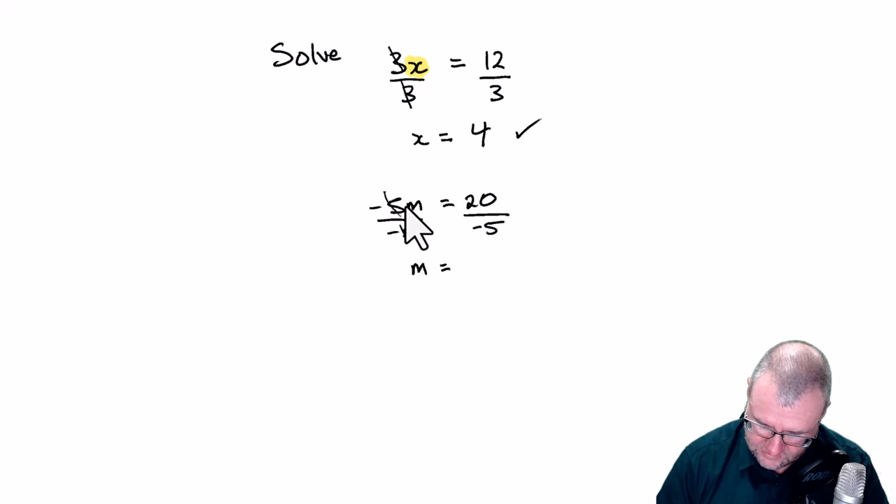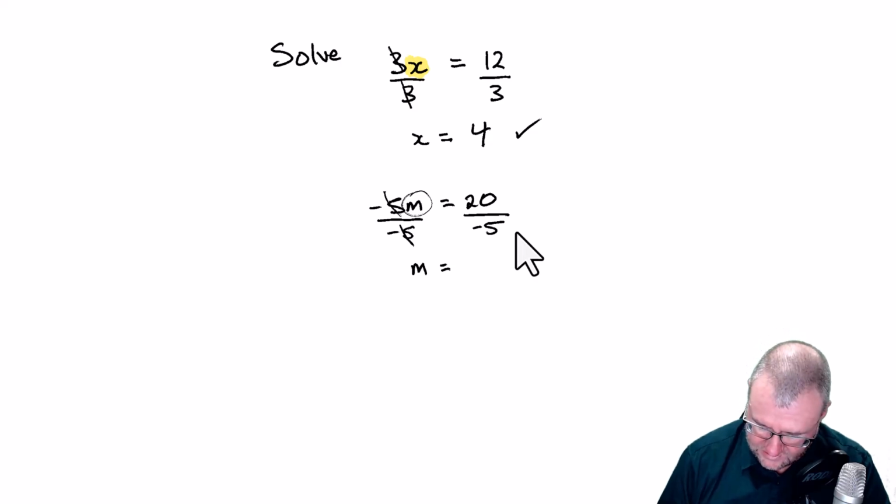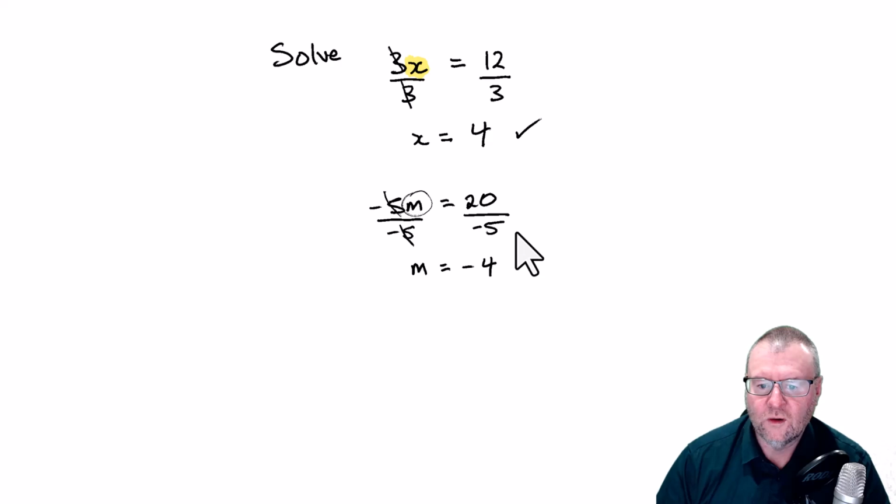The negative 5s cancel out, and I'm just left with my m, which is perfect. And on the right hand side, I've got 20 divided by negative 5. If you're not sure, or you're not comfortable with the negatives, put that in your calculator and you'll get an answer of negative 4.